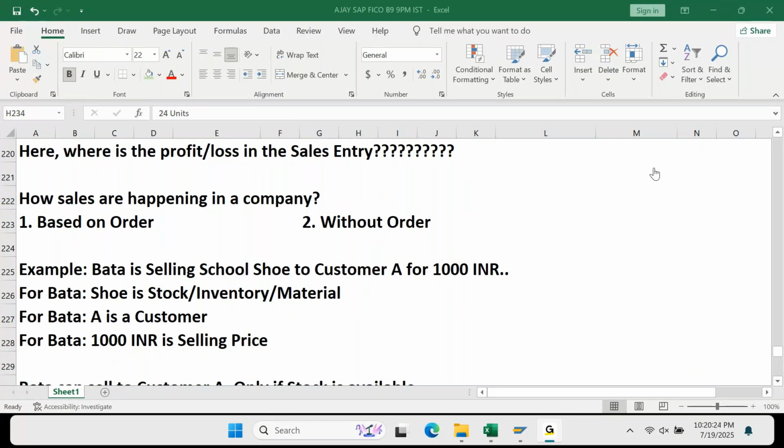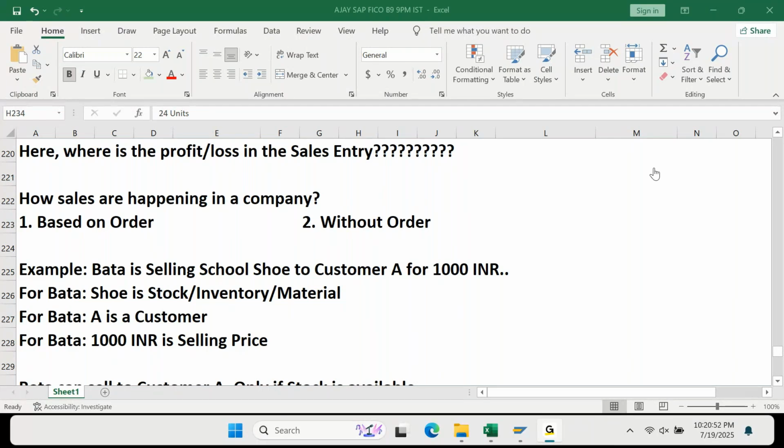Slowly we need to make sure we are comfortable with these points. Don't try to understand at one go, it is not possible. But make sure you are in a position to connect what is what, based on simple examples with which you feel, okay, this is happening in a company. Because of this we are able to calculate profit, because of this we are able to calculate loss, because of this we are able to calculate material and so on.